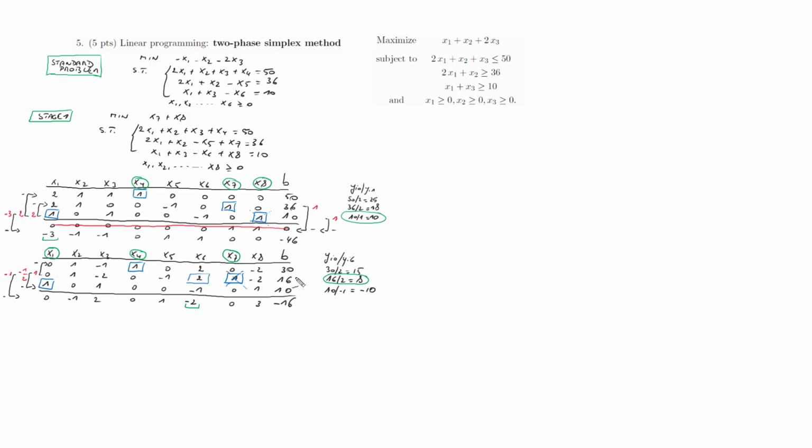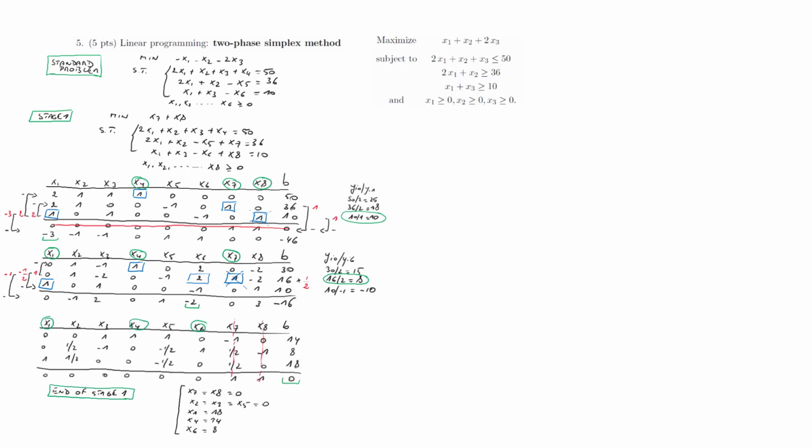So what we'll have to do is multiply this row by a half. Well, we can now perform these elementary row operations and multiply this row by a half, and then we obtain the following tableau, in which we see that all reduced costs are 0 or positive.